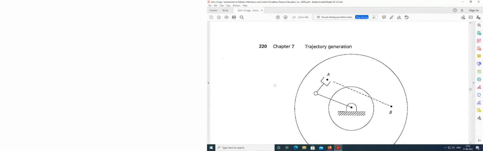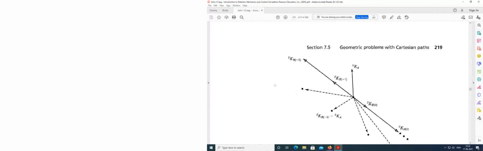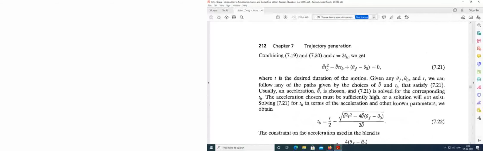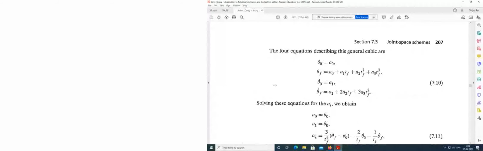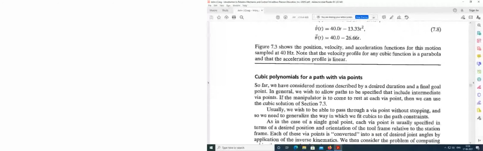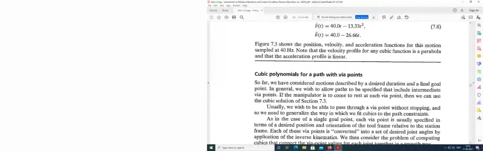Those intermediate points are known as via points. So now we are going to construct cubic polynomials. How are we going to construct them?